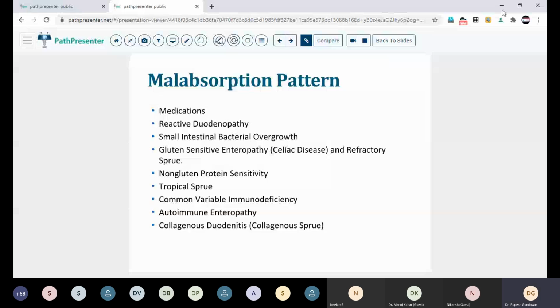Okay. So can you see a list labeled as sample list here? Is it visible? No, sir, slide with malabsorption pattern only. Okay. Can you see a microscope now? No, no, we can't see.